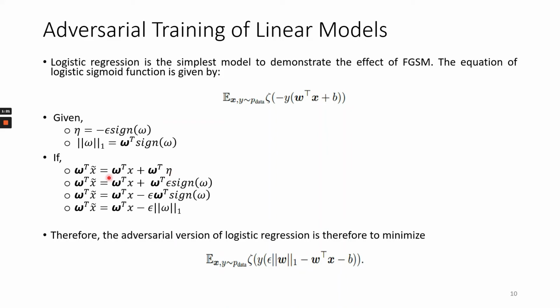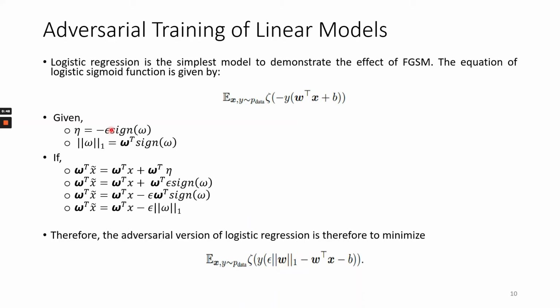We can see that the perturbed input x tilde can be broken down into the original input x and the perturbation nu, multiplied with the transpose of the weight vector. Now, it is given that using the FGSM method, the perturbation is given by the sign function of the weight vector omega, regulated by the threshold epsilon.